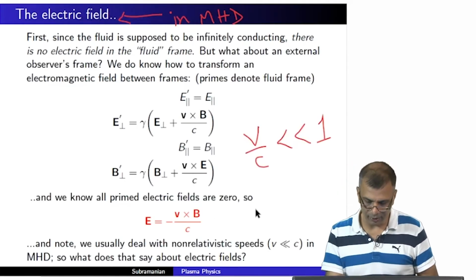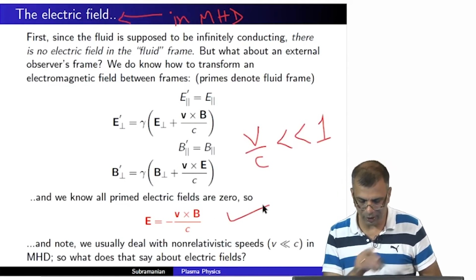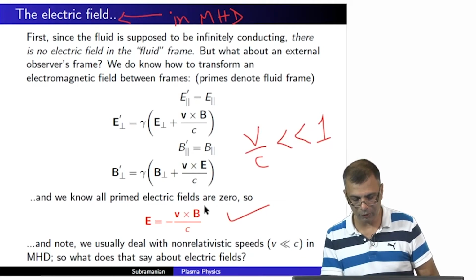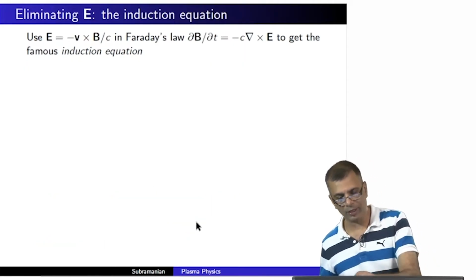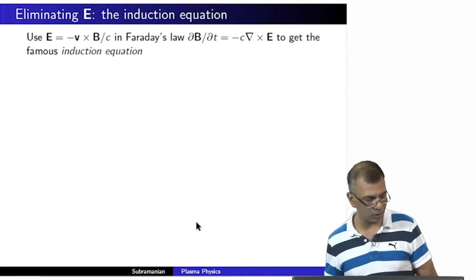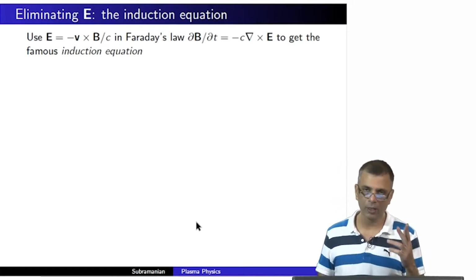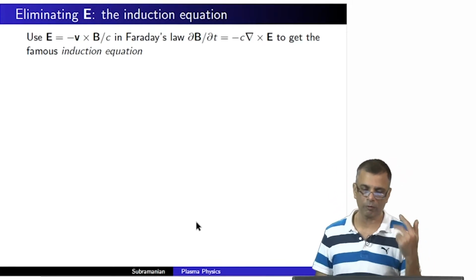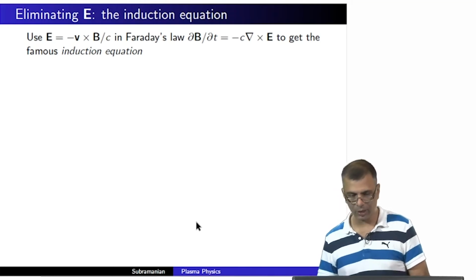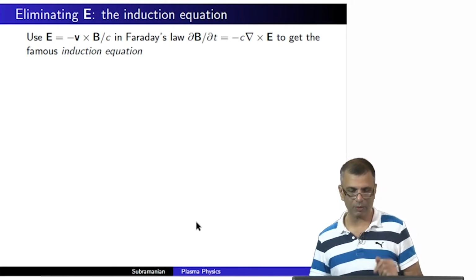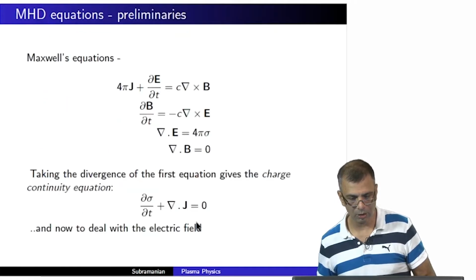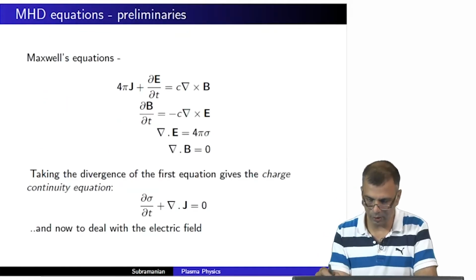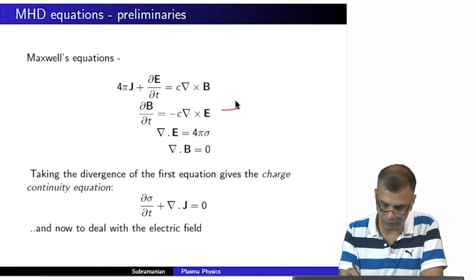using this fact that we just derived, E equals minus V cross B over C, what we do is we use this in Faraday's law. So you have the curl terms, Faraday's law and Ampere's law, right? In the basic Maxwell's equations that we saw, this was Faraday's law.